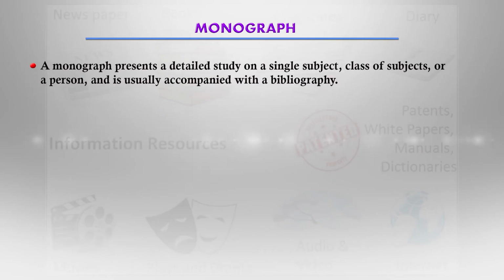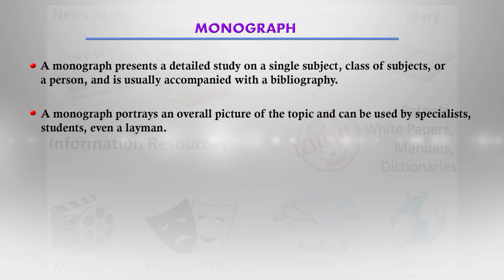Then comes the monograph. Although, like manuscripts, they are not research publications, in many cases monographs are also original in nature. A monograph presents a detailed study on a single subject, class of subject or a person, and is usually accompanied with a bibliography.